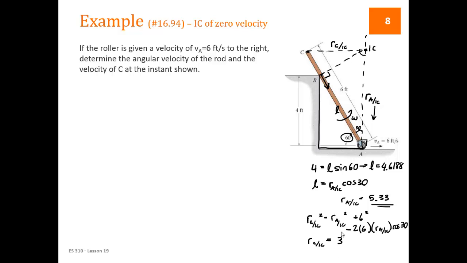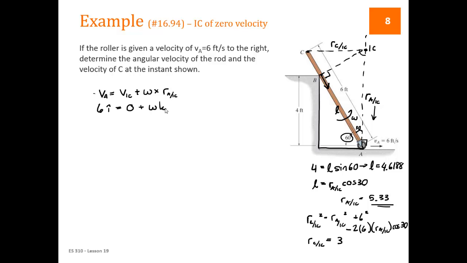So now we can go over here and write out our relative velocity equations. To figure out omega, we need to have a known velocity. So we're going to use the VA, which is known. So we'll start with that equation. We have that VA is equal to VIC plus omega crossed with R of A relative to IC. If we write these out, this is 6 i hat, that's positive, VIC is 0.